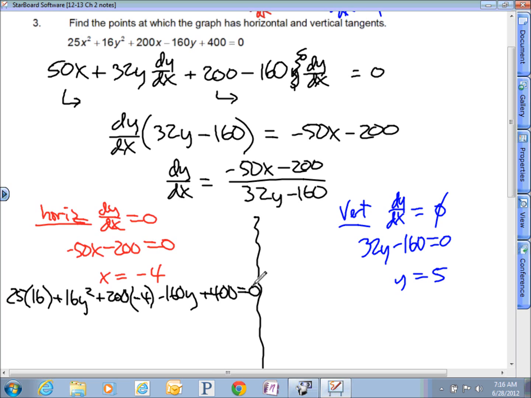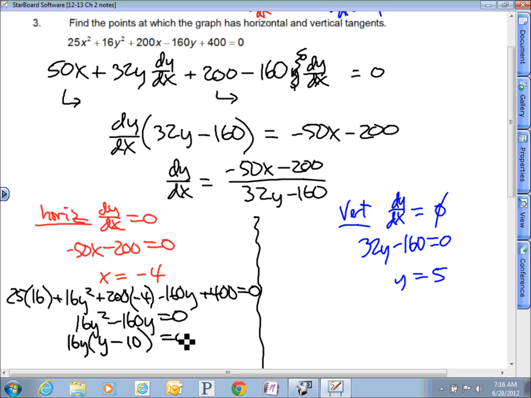So when I finish solving this, 25 times 16, I think that is 400. 200 times negative 4 is negative 800, plus 400. All those constants are going to drop out. What I've really got is 16y squared minus 160y is equal to 0. Factor out a 16y, and I've got a y minus 10.